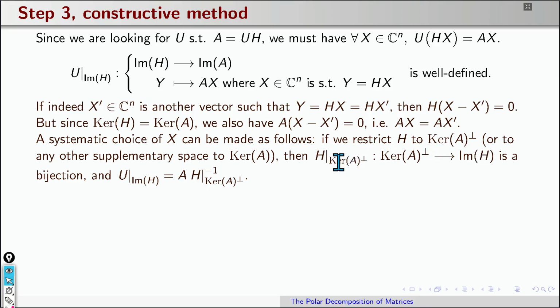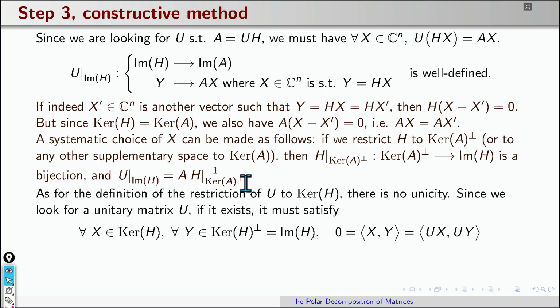So the restriction of H to a supplementary of its kernel gives a bijection, so I can have the inverse. It is the same as when H was invertible: U is defined as A H minus 1, but it's just a restriction. You can take any restriction. It's the same as choosing a systematic way to choose a pre-image, and this will be the same map.